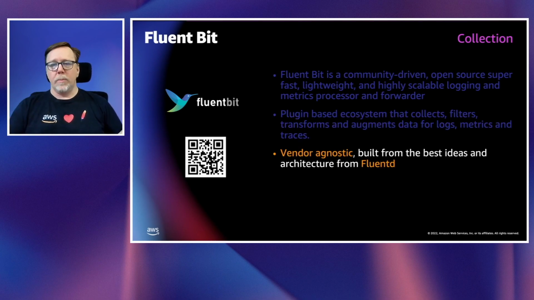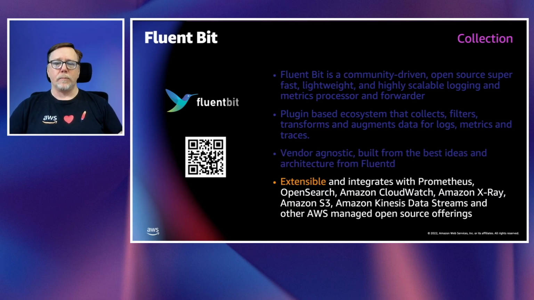It is true open source, so it's vendor agnostic and really comes as a derivative of FluentD. Integrates with Prometheus and OpenSearch, Amazon CloudWatch, Amazon X-Ray, Amazon S3, a lot of different destinations where you can send this data and forward it on.